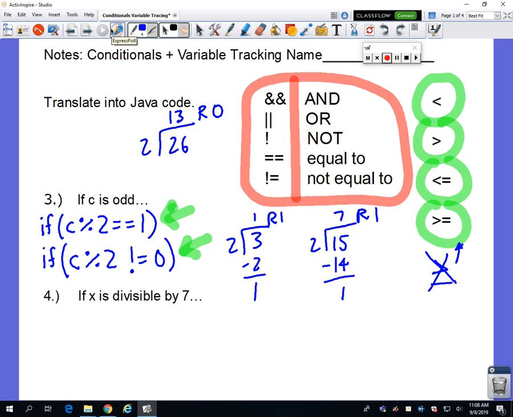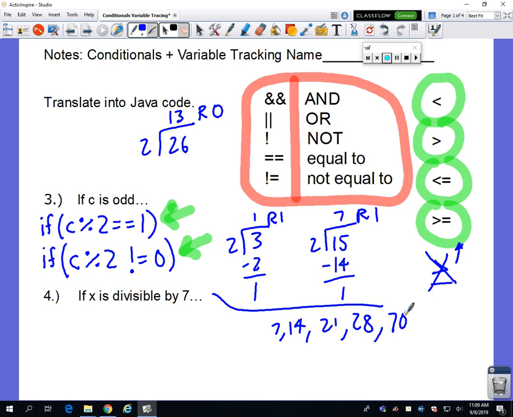Let's try another one. If x is divisible by 7, let's think of some numbers divisible by 7. We've got 7, 14, 21, 28, 70, just a bunch of examples. This is actually kind of similar to the last example we did. If we divide all these multiples of 7 by 7, what will we get as a remainder?